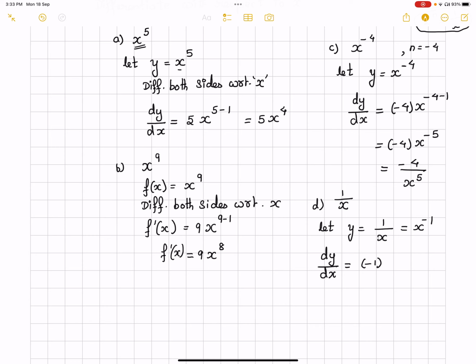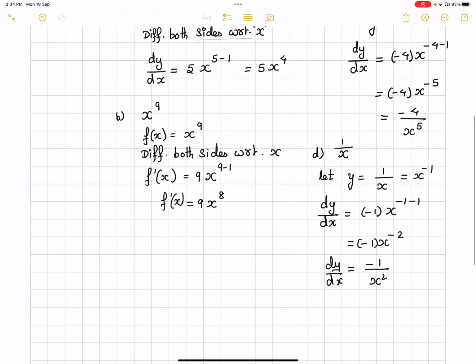So minus 1 x raised to the power of n minus 1. So n is minus 1, so I would be getting minus 1 x to the power of minus 2. So I can write it as minus 1 divided by x square. This is going to be my dy by dx.